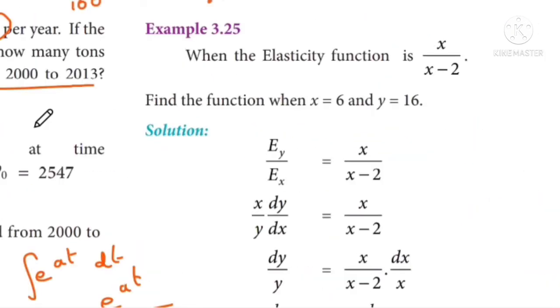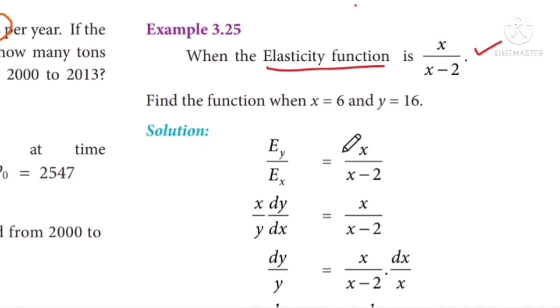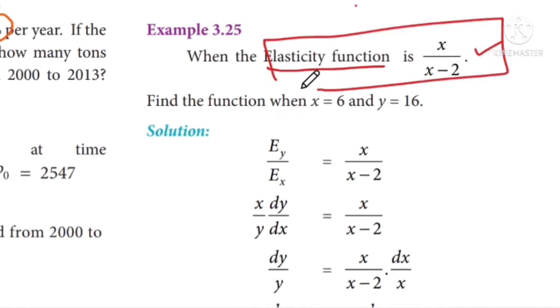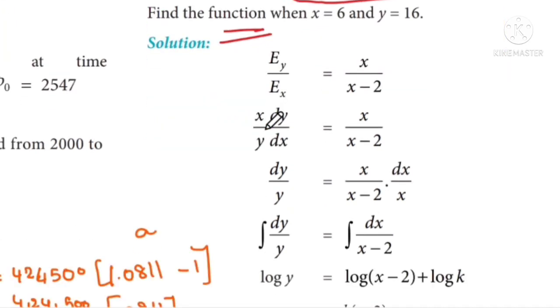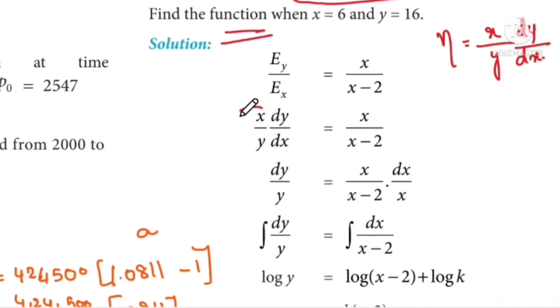So in this question, example 3.25, the elasticity function is given as this. Find the original function. That's the question. The elasticity formula is X by Y dy by dx, and that is given.